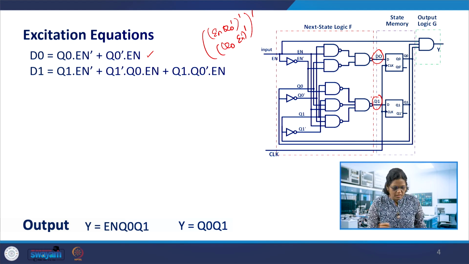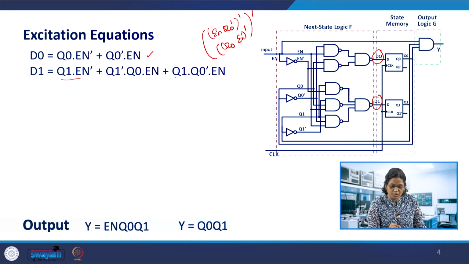Similarly for D1, this equation again gives enable dash and Q1 as the first term, and the second one is Q1 dash and enable and Q0 dash. Another one is Q1 and Q0 dash and enable.